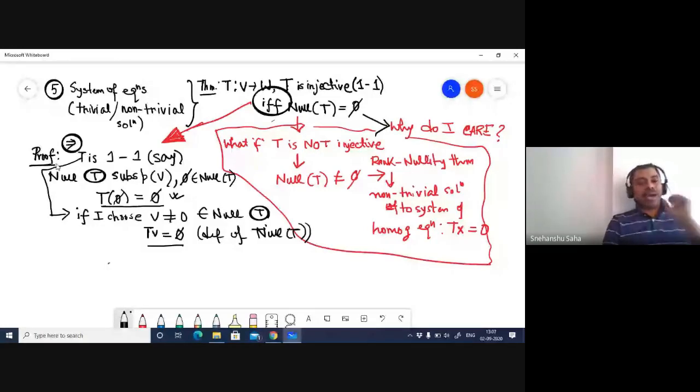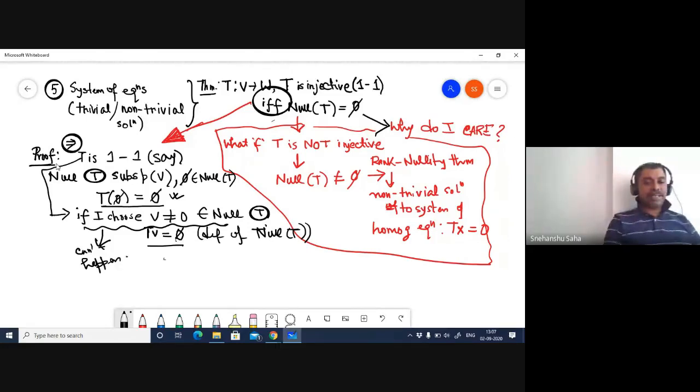So T is 1 to 1, meaning what? For every input, the mapping has to be to a unique output. So two different inputs cannot be mapped to a single output. You know this from the definition of one-to-one functions, and this isn't any different. So this cannot happen.